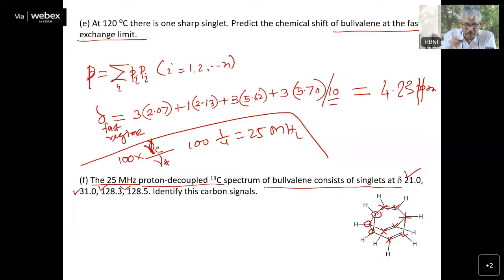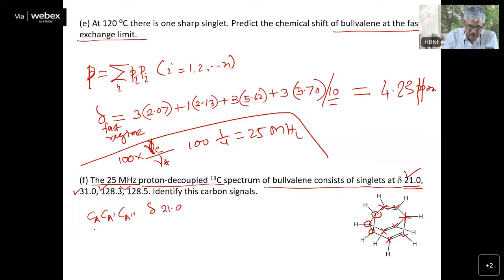And if you see the analogy, the most upfield carbons will be the cyclopropane carbons. I have put them as A group carbons, CA', CA'', delta is 21.0.